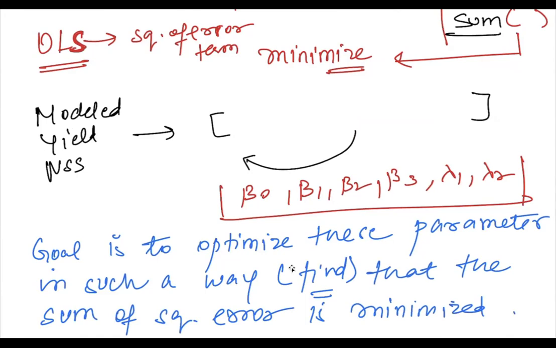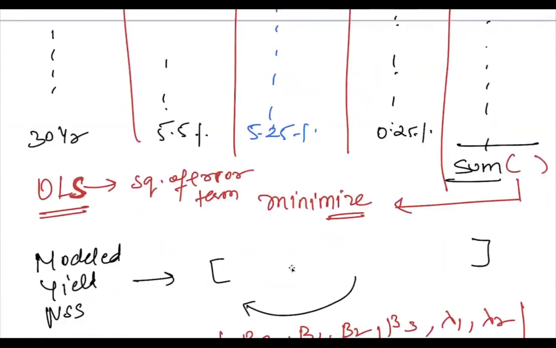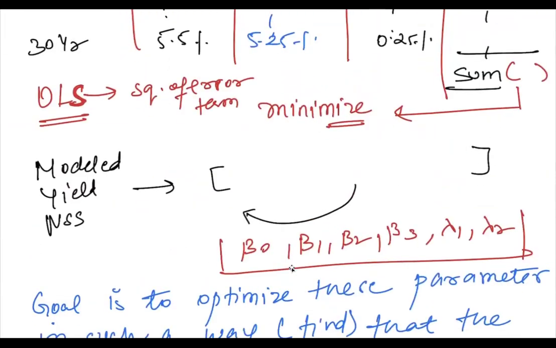So this method basically minimizes this sum of square error. How? By changing these values.